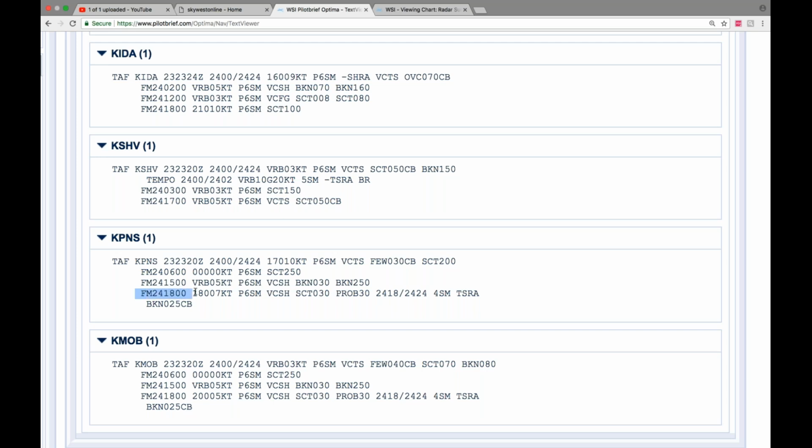Okay? So all it's saying is that there's a 30% probability that in this forecast window, just like how we would read a temporary, between 18 and 24, they're expecting it to change to 4 miles visibility with rain and thunderstorms, and a broken layer at 2,500 feet of cumulonimbus clouds.